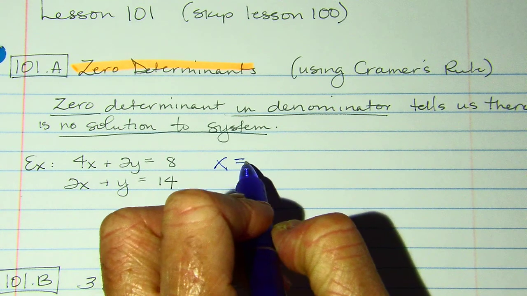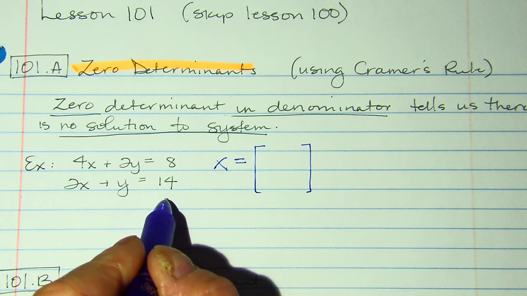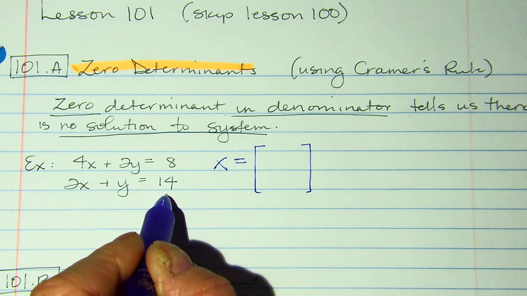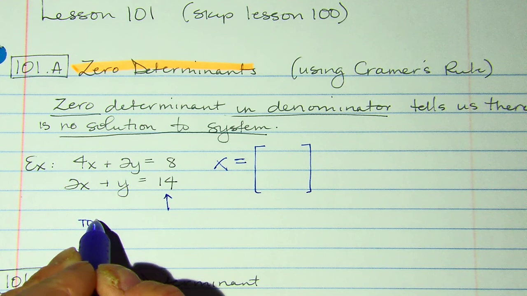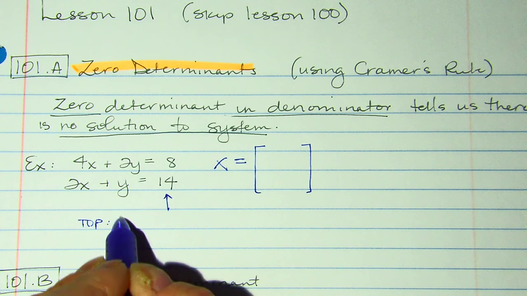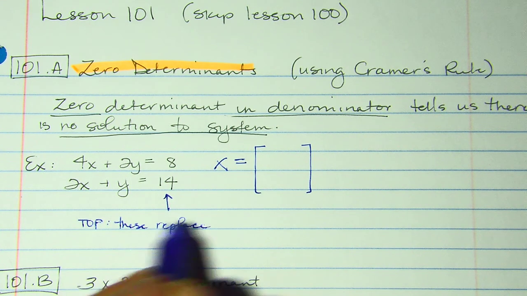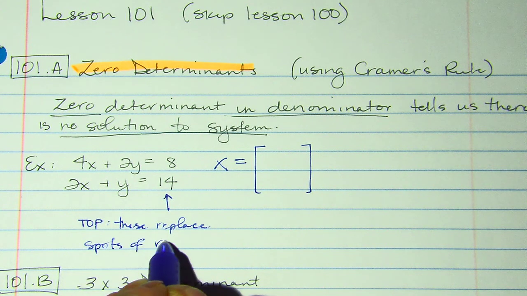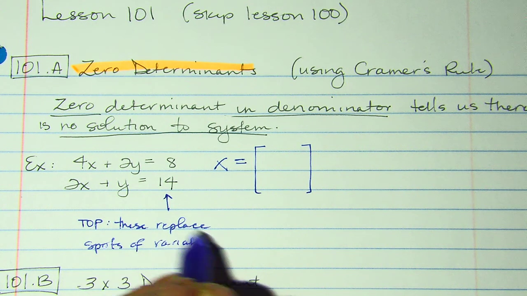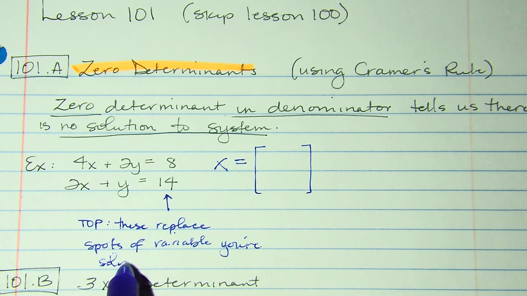So x equals, and you always take, when we're talking about the top, these replace the spots of the variable that you are solving for. It's a little pattern I noticed.